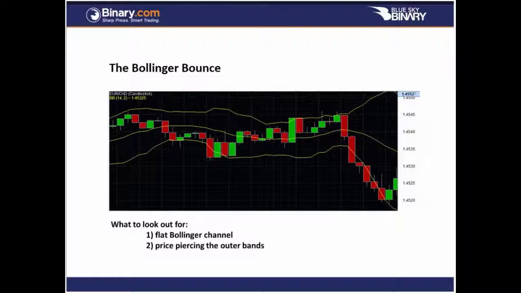It's a very simple strategy. It can become very efficient, but you need to be very careful with it when you're entering the trade. And also there needs to be absence of news.